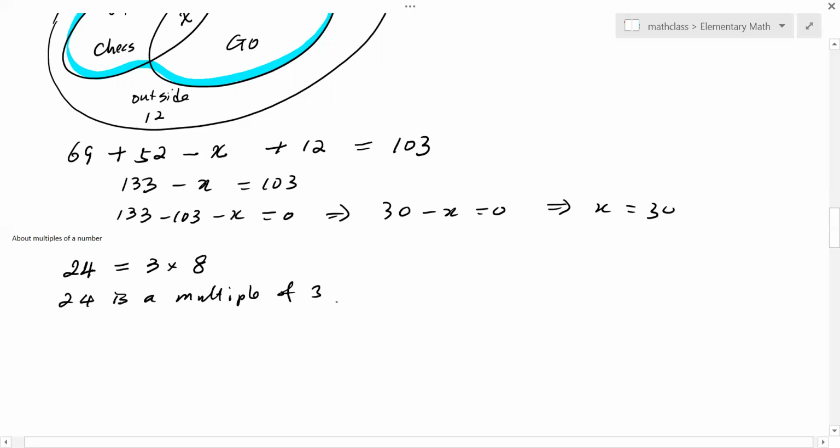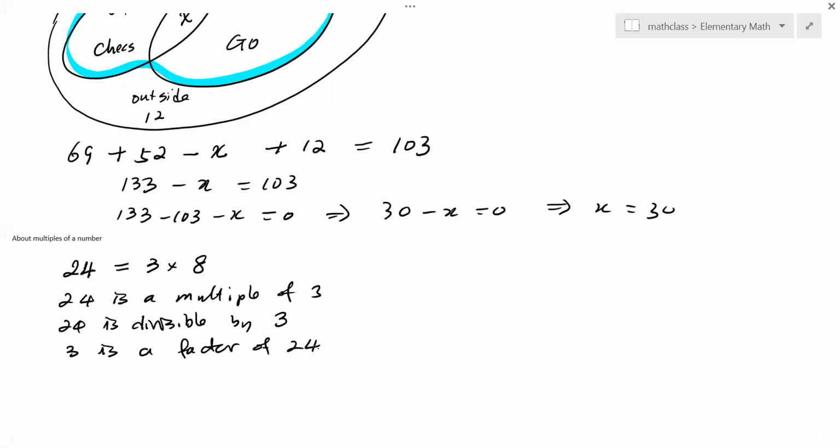It is also a multiple of 8. We can also say that 24 is divisible by 3, and that 3 is a factor of 24. There are many ways to talk about this identity. I can replace 3 by 8: 24 is a multiple of 8, 24 is divisible by 8, and 8 is a factor of 24.